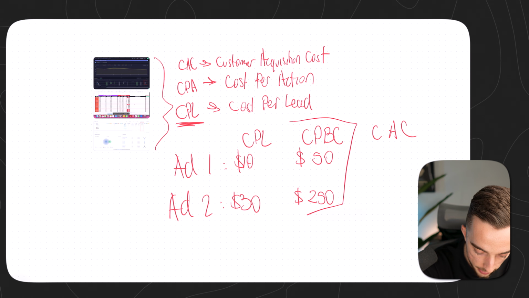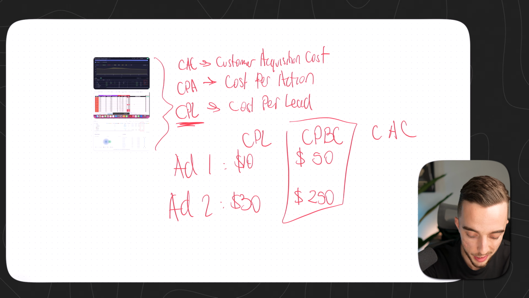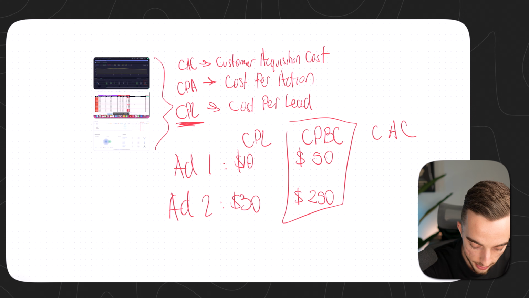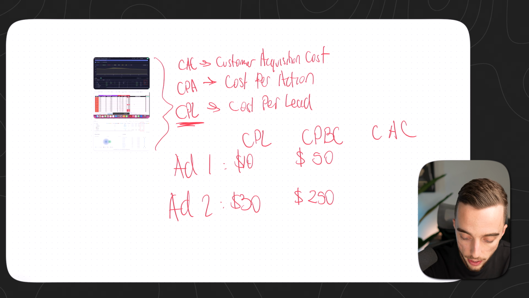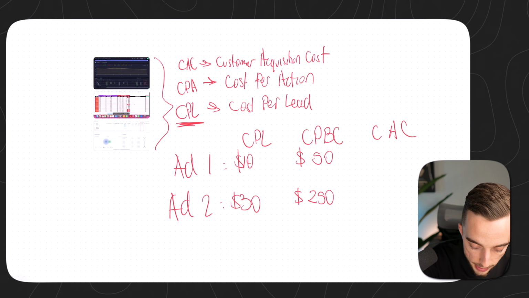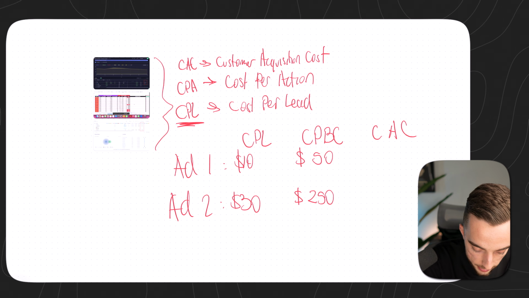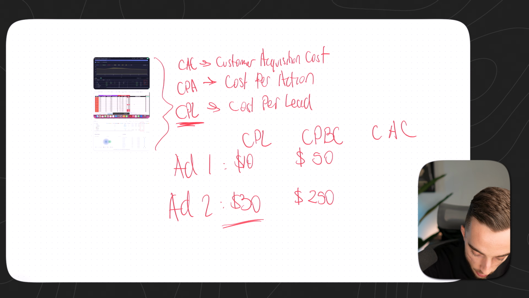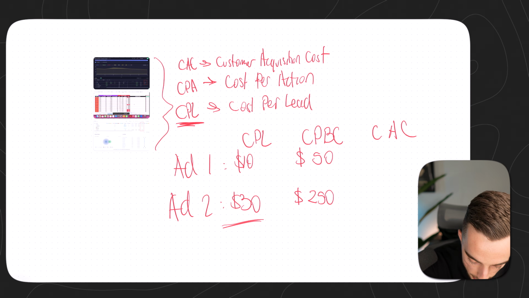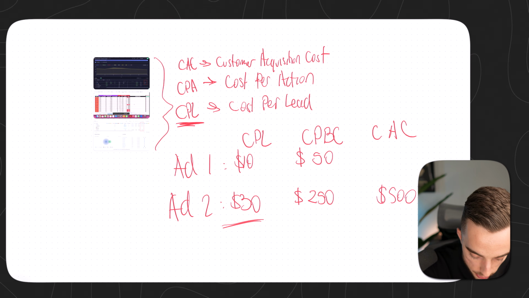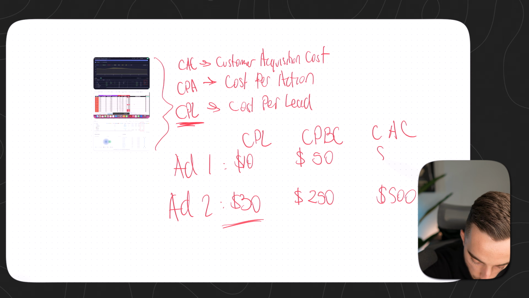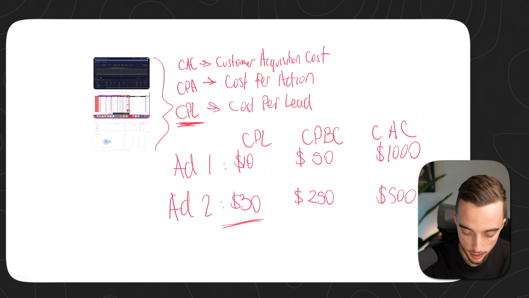Same thing here. If all I'm looking at is cost per booked call, then honestly, ad 2 sucks. $250 for a call, way too expensive. But if I have my CAC numbers, if I can track and know that the leads that came in from ad 2 converted at a higher rate, and so my CAC for ad 2 is actually $500, whereas my CAC for ad 1 is $1,000, right?